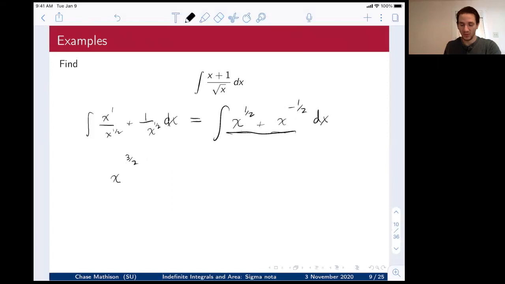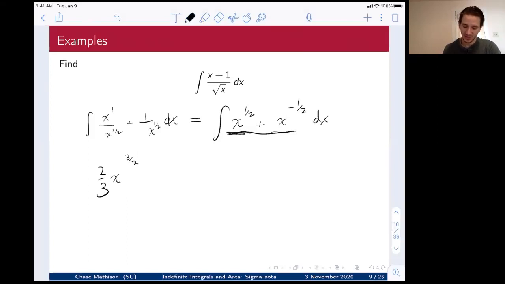But then remember, if I differentiate this, I'm going to get a 3/2 out in front. So I need to multiply by 2/3 to cancel the 3/2 that will be out in front when I differentiate. So I'm only left with x to the 1/2.